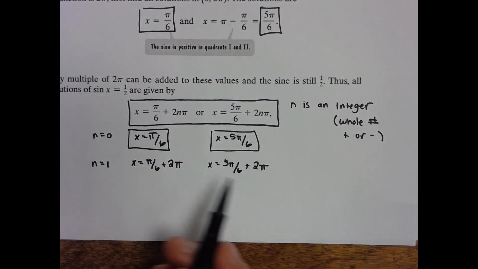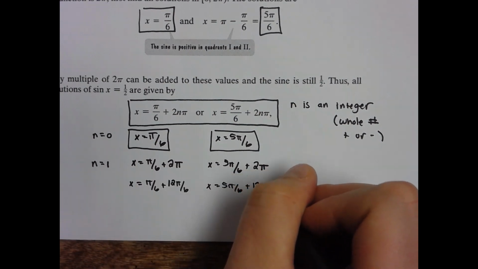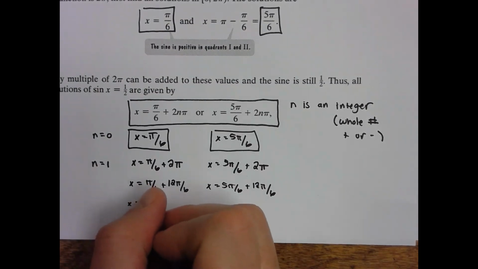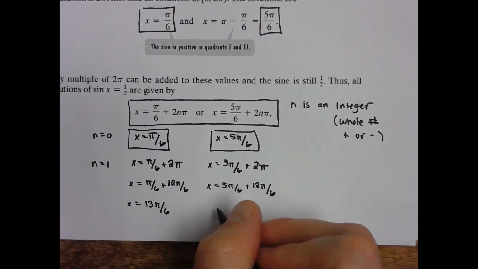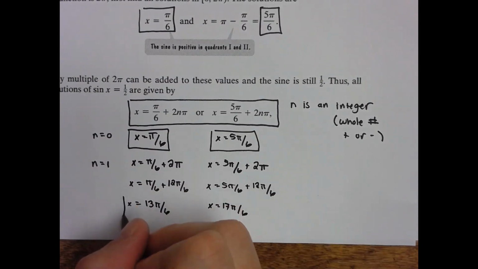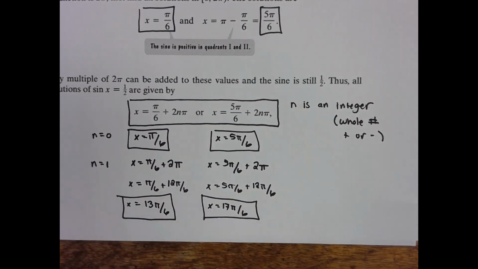So this becomes pi over 6 plus 2 pi, which is equal to 12 pi over 6. And then 5 pi over 6 plus 12 pi over 6. And so that makes this 13 pi over 6. And then 5 plus 12 is 17 pi over 6. And so there are two more solutions that we get after adding 2 pi.